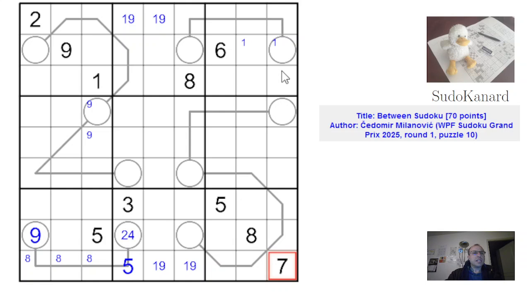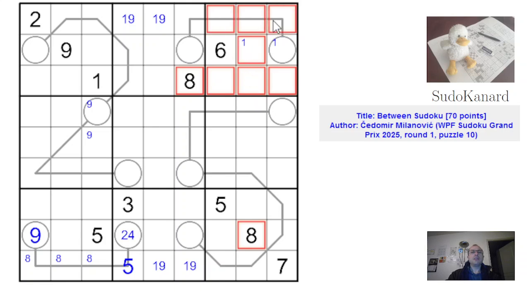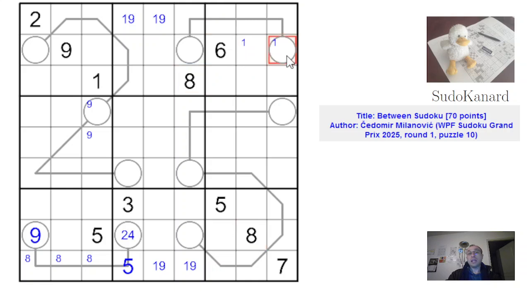So where is the next place of interest? Let's have a look at this 8. 8 is not here. It's not here by Sudoku. And I'm claiming that it can't be on this line, so that 8 will have to be here, because if I try to put 8 on this line, then one of the end circles would have to contain a 9, which is not possible.